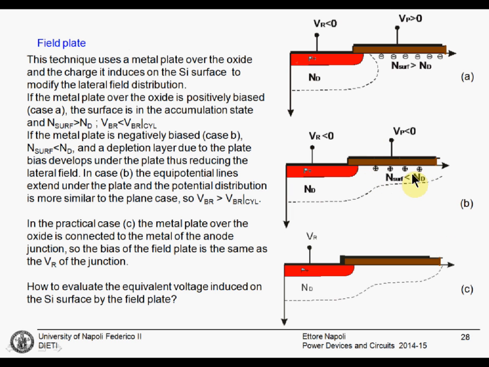And the net effect here is as if we had a doping that is lower. With lower doping, the depletion region extends more, and we have this nice effect here. The curvature is smaller, and this will improve the breakdown voltage. We will have a breakdown voltage that is closer to the ideal value for the plane junction.